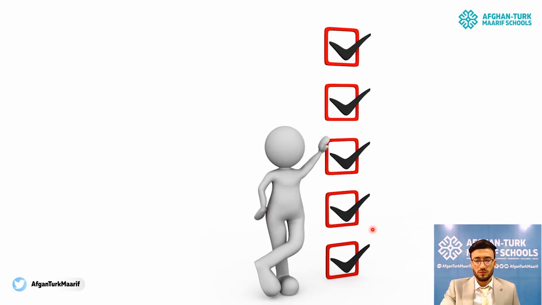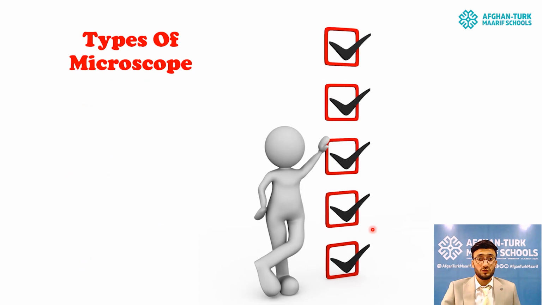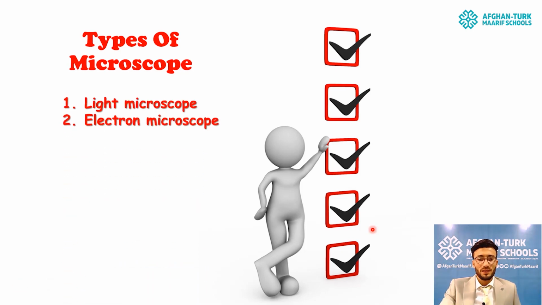It was about the history of the microscope when the invention of the microscope started. For types of the microscope, we possess more than 10 types of microscope, but mainly we will use two microscopes in school. The first, light microscope, the second, electron microscope.